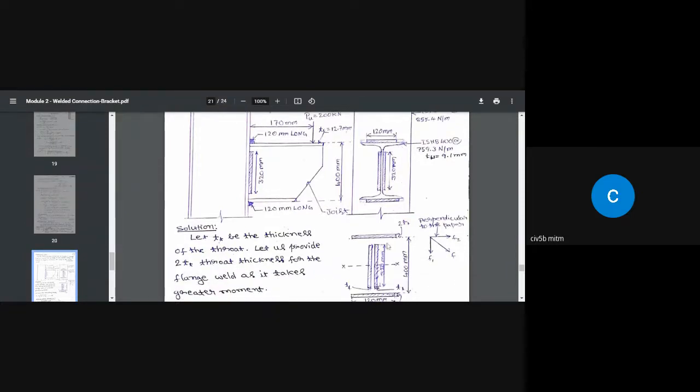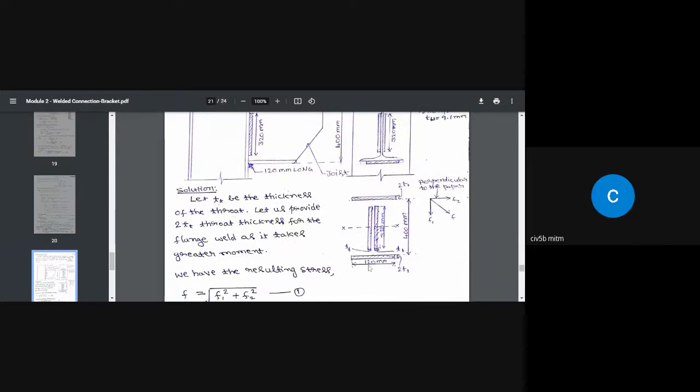Okay, so I have written the dimensions or the sizes of the weld along with their lengths here. Our main aim is to find out what is the size of the weld. If you look here, I've taken the size of the weld here and here as t, and here I have taken 2 times of that value.